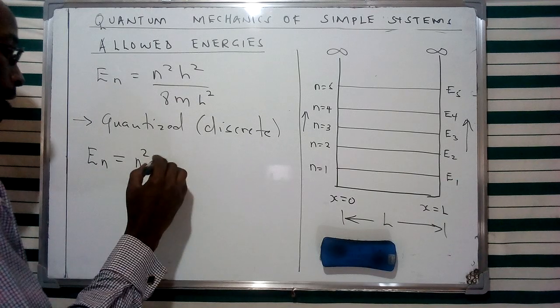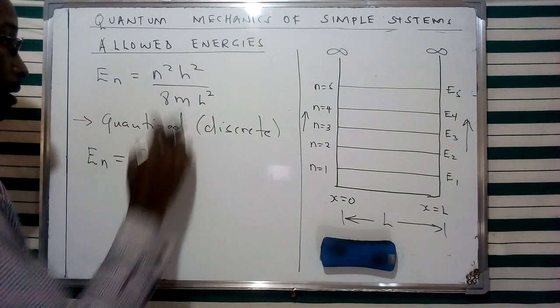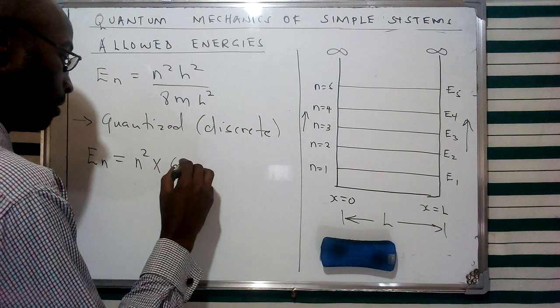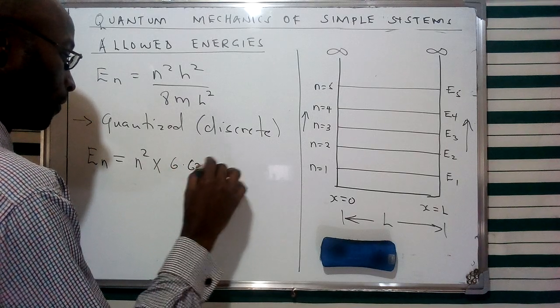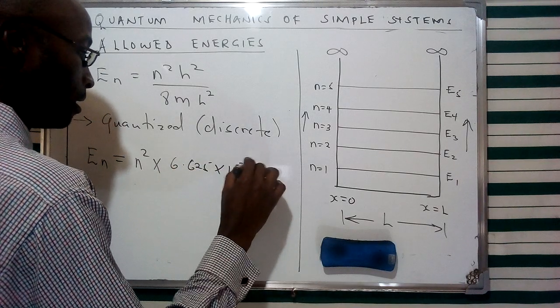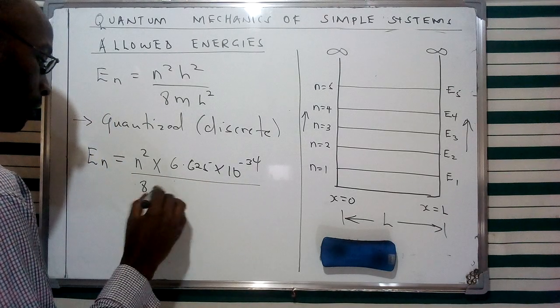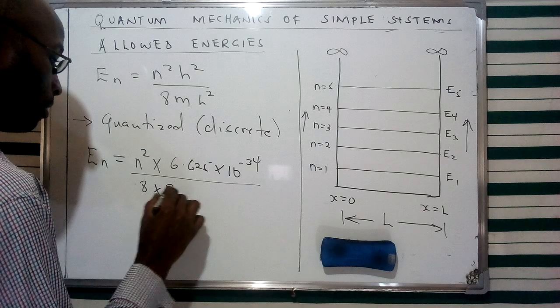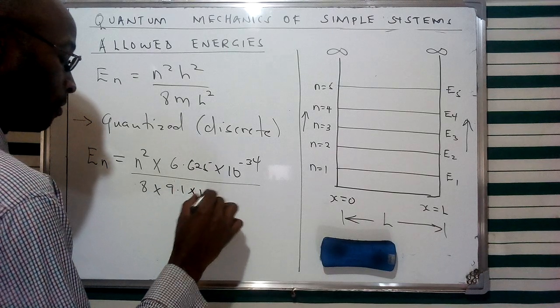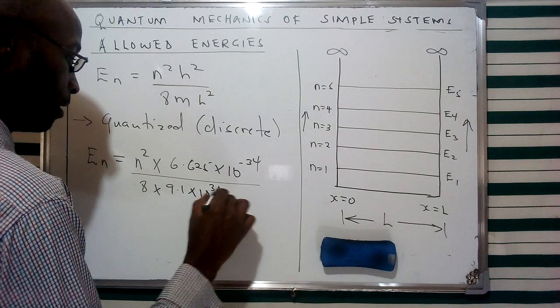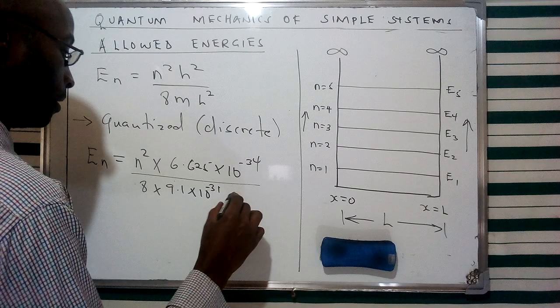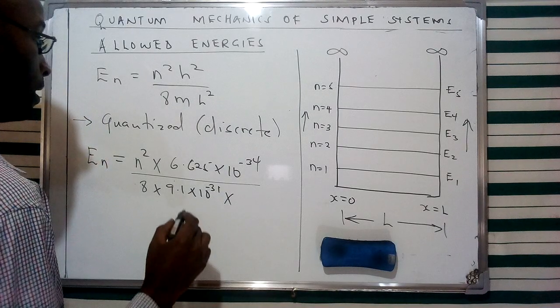This can be simplified using the various constants we had given, such as Planck's constant, and then 8 times the mass of an electron, which is also a constant value, 9.1 times 10 to the power -31.